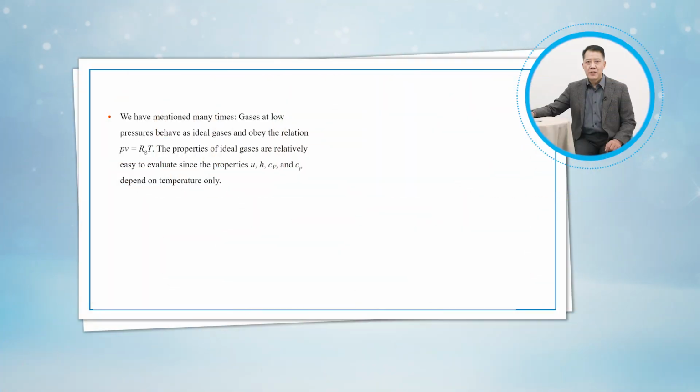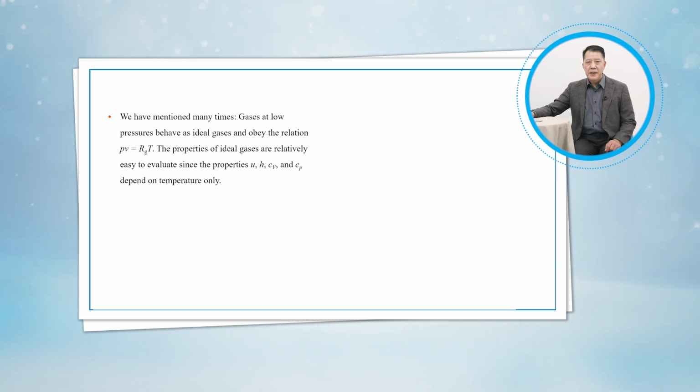The topic of this task is about the generalized enthalpy departure chart. We have mentioned many times gases at low pressures behave as ideal gases and obey the ideal gas relation.